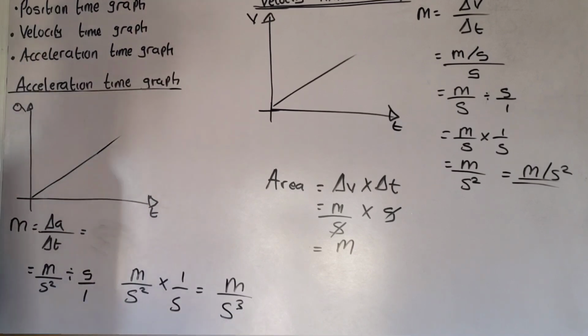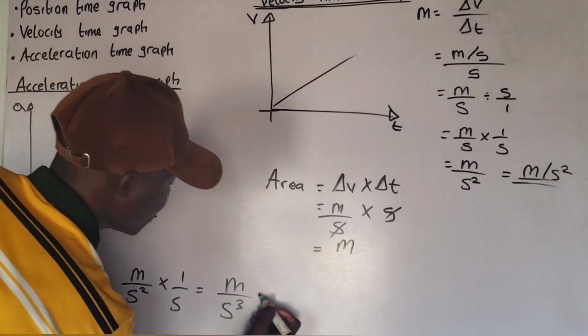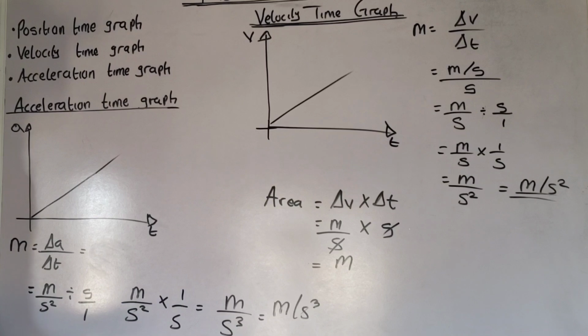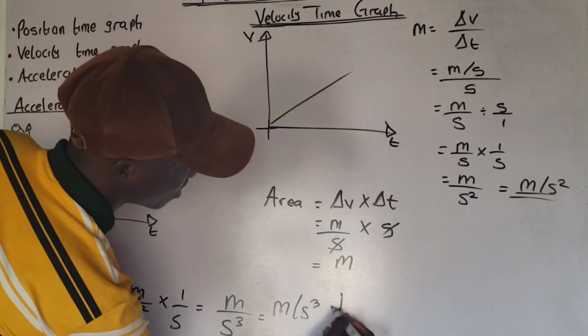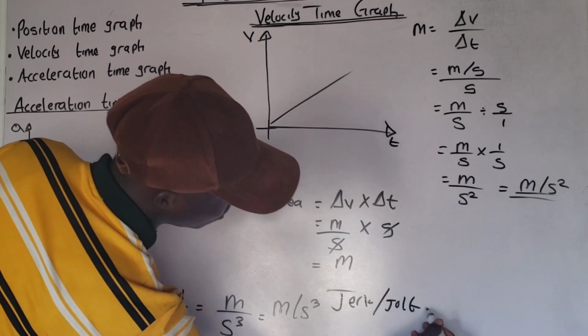Now, in physics, which concept has the unit as meter per second cube? Because this will give us meter per second cube. In physics, the term that has meter per second cube as its unit is jerk, or jolt. Jerk or jolt. Do you understand?